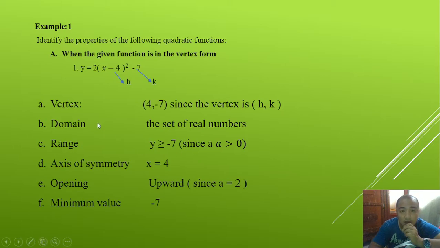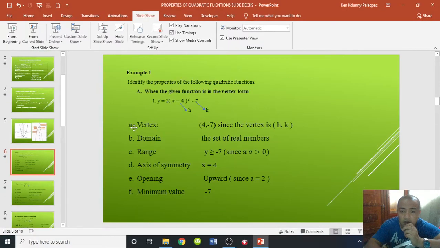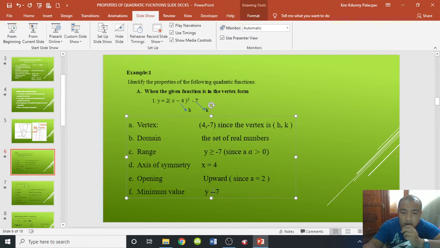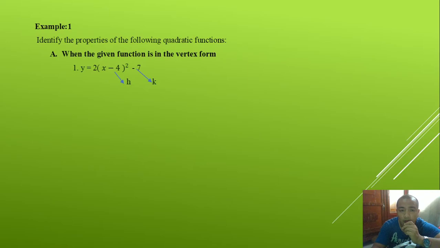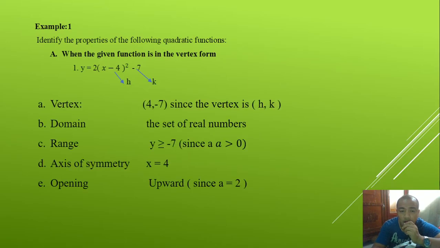Okay? We can write it there: y equals -7 is the minimum value of the parabola y is equal to 2 quantity (x minus 4) squared minus 7.